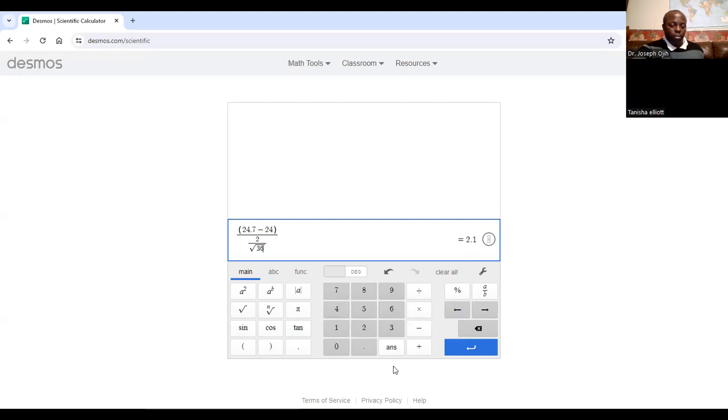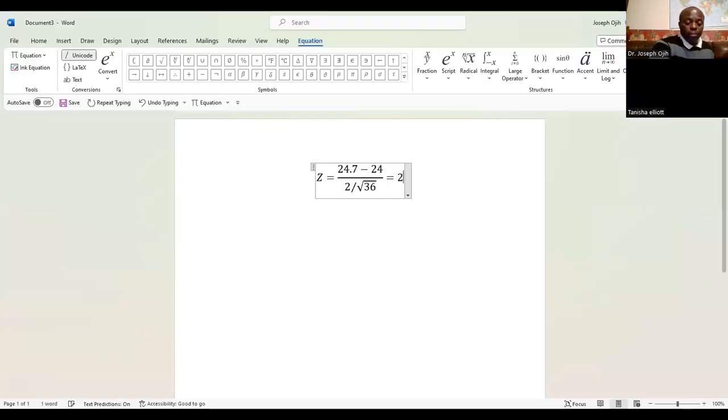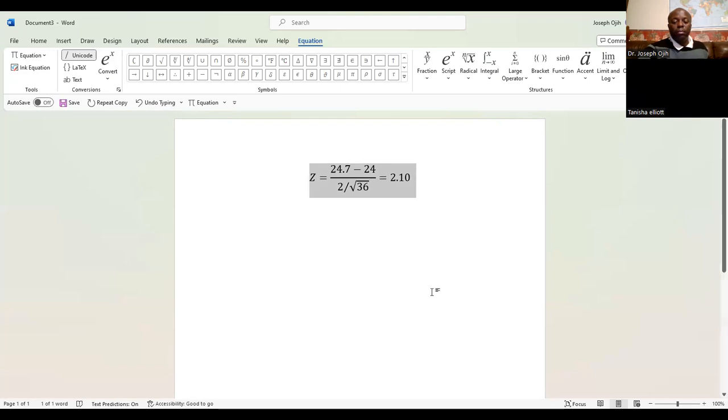That gives 2.10. So that's our Z. With this Z, we can find our p-value now.